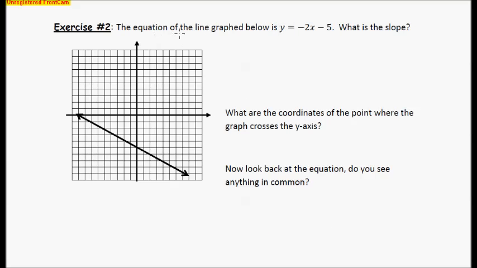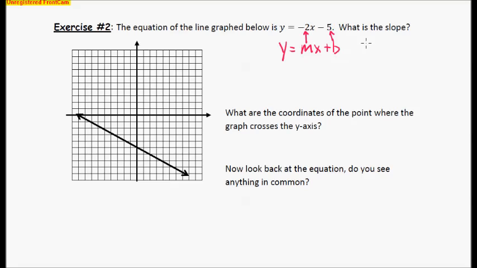Same thing, the equation of the line graphed below is y equals negative 2x minus 5. So is it in the form y equals mx plus b? Well, if I again write this below here, y equals mx plus b, it sure is, because here's y, here's your equal sign. In this case, m is negative 2, and in this case, b is negative 5.